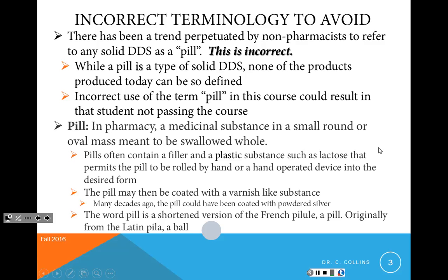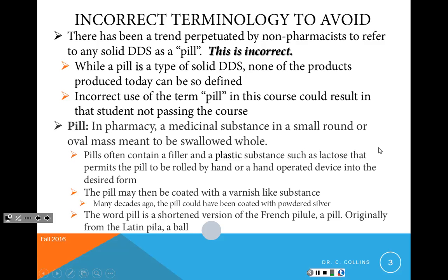So they have never been manufactured. They've always been just compounded. And in olden times, back in the late 1800s, early 1900s, that's actually even before my time, believe it or not, one of the ways that they were treated to make them easier to swallow is they might have been coated with a small coating of powdered silver. Tablets and capsules aren't made that way.